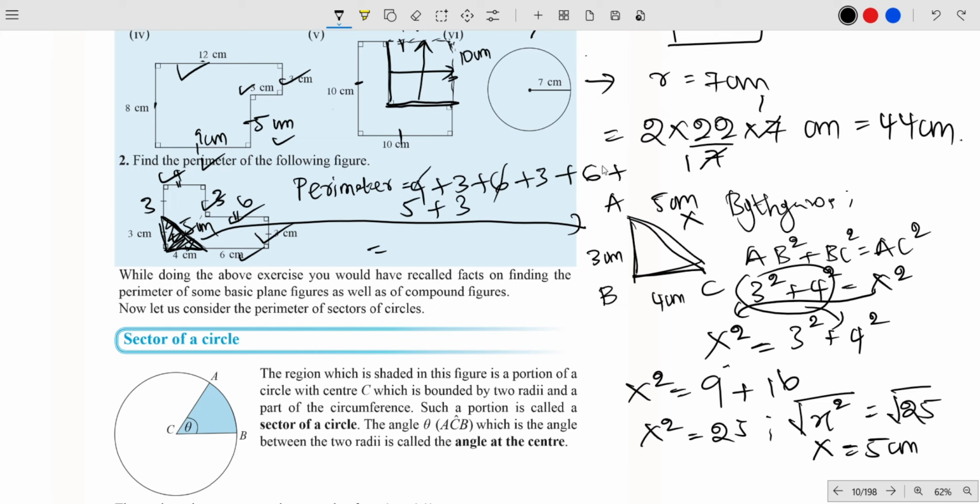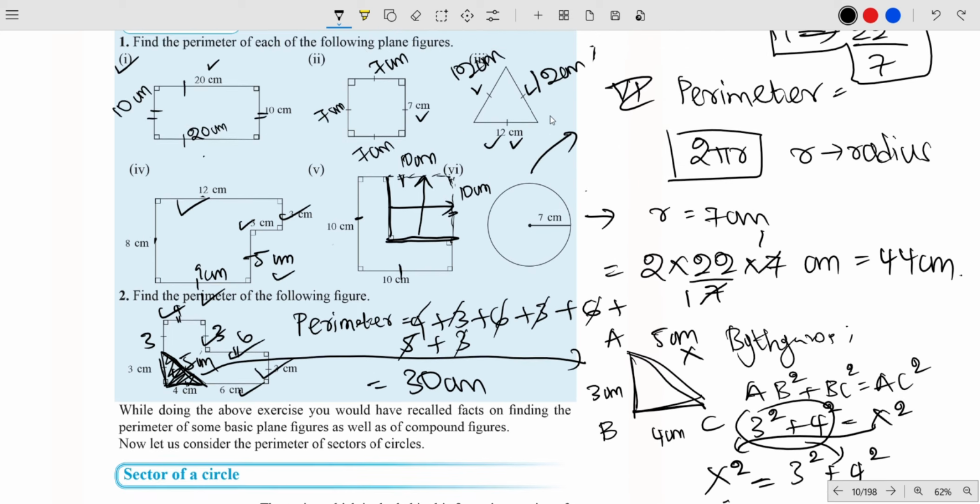Then 6 plus 6 is 12. 12 plus 3 is 15. Then 20. So 20 and 10, 30 centimeters. So the perimeter, the answer, will be 30 centimeters.